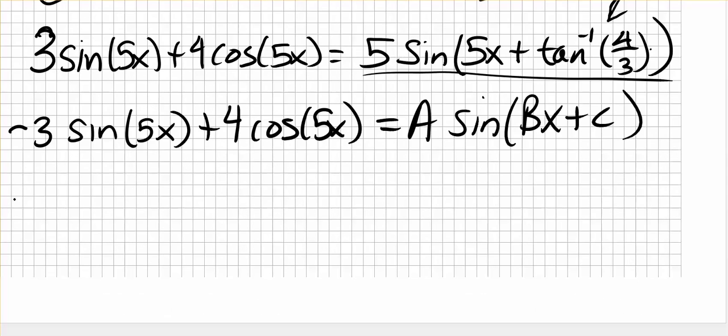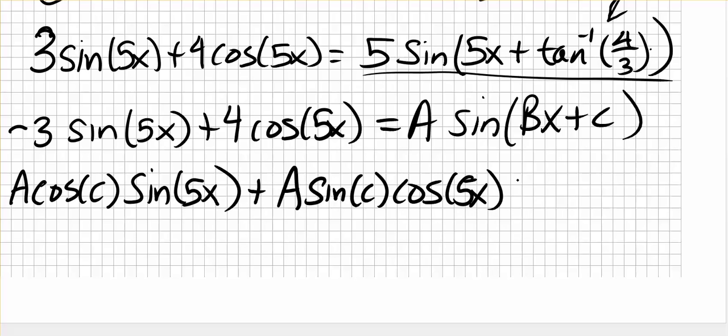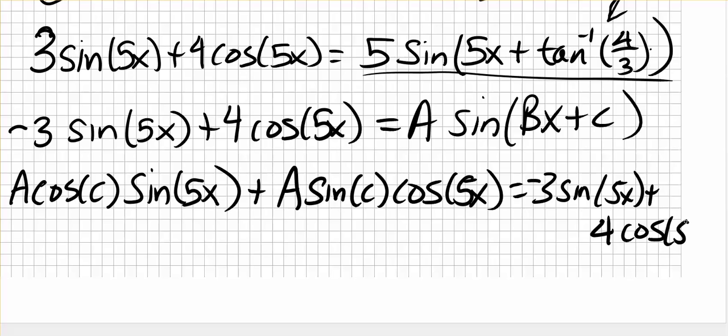Now, a cosine c times sine, since our bx is 5x, plus a sine of c times the cosine of 5x is equal to a sine of bx plus c, which is also equal to negative 3 sine of 5x plus 4 cosine of 5x.